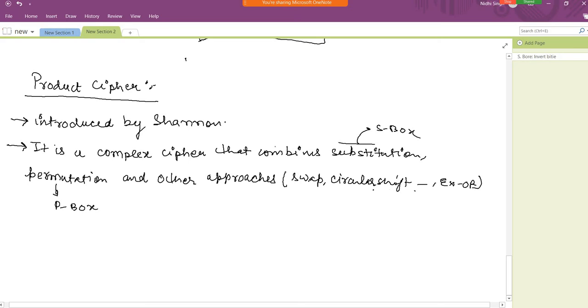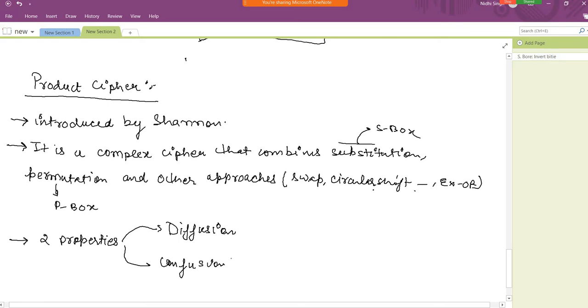So why is it a combination of these three things? That is the question. The answer to that question is that it creates complexity to satisfy the two properties of cryptography. What are those two properties? The first one is diffusion and the second one is confusion.